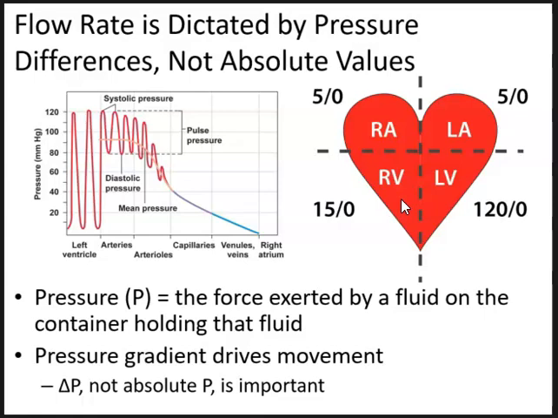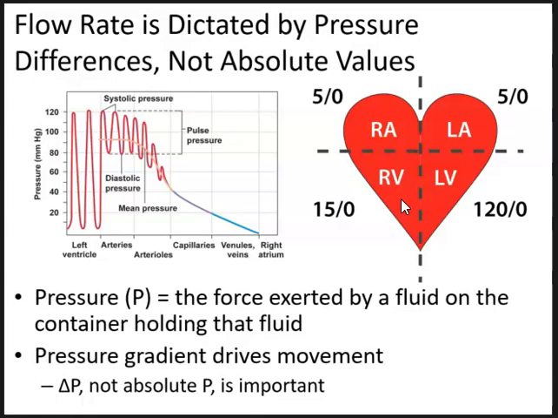So it's this pressure difference that dictates flow, and we will see that pressure differences also dictate flow in the blood vessels. Blood flow obeys the rules of fluid flow, and flow is directly proportional to the pressure gradient between 2 points and inversely proportional to the resistance of the vessels to flow.